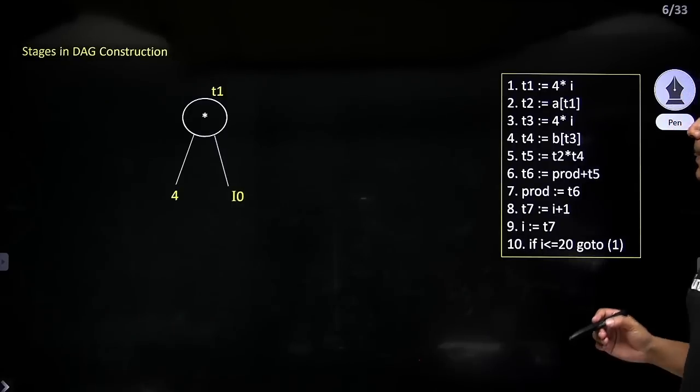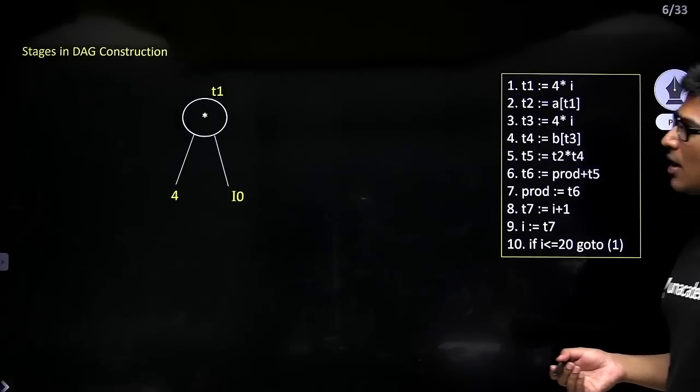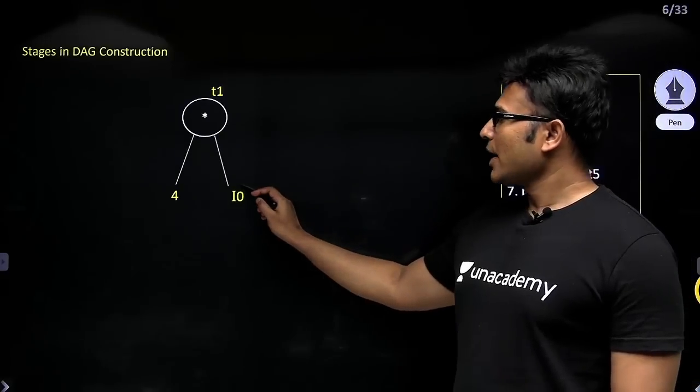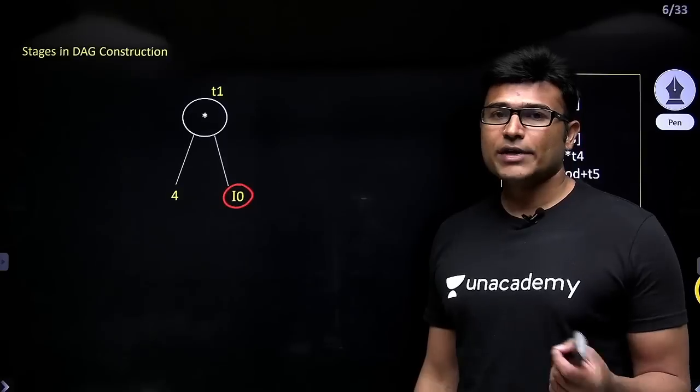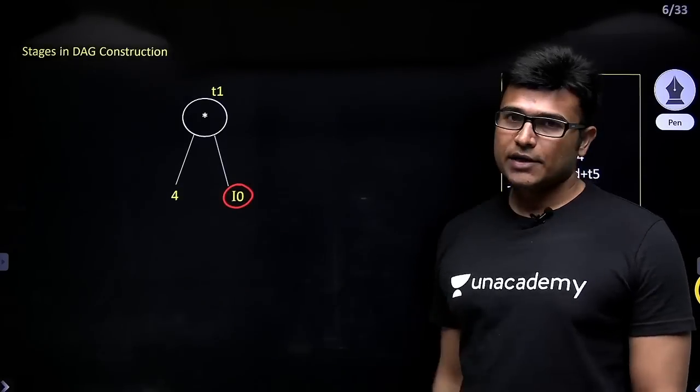Even though it is I, I am naming it as I0, because later if the value of I changes, I will write it as I1.